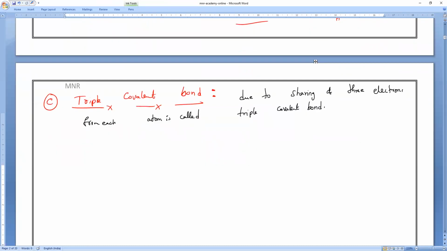Everybody clear? So totally how many pairs of electrons takes place? All of you? 3 pairs of electrons takes place between the two bonded atoms.